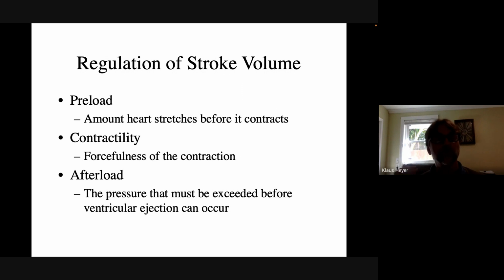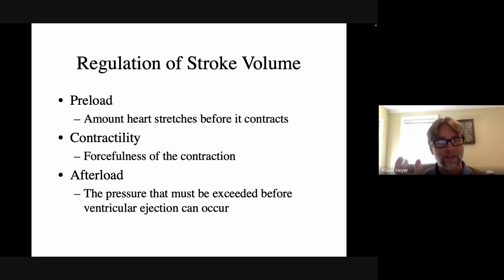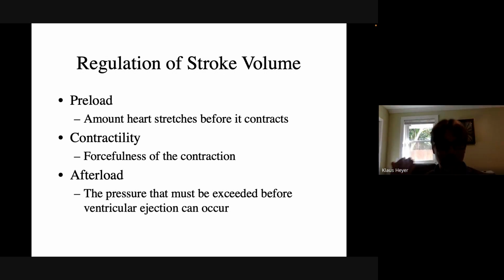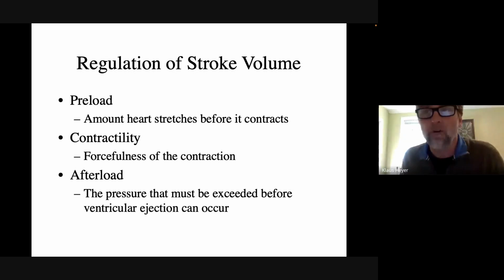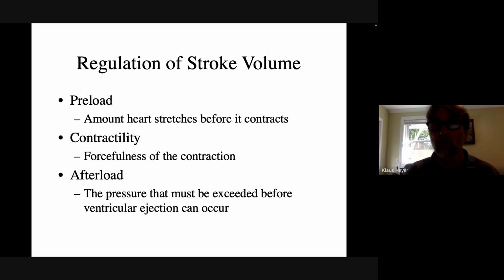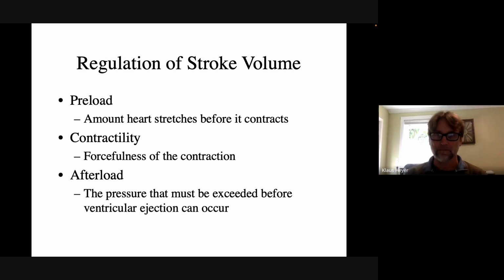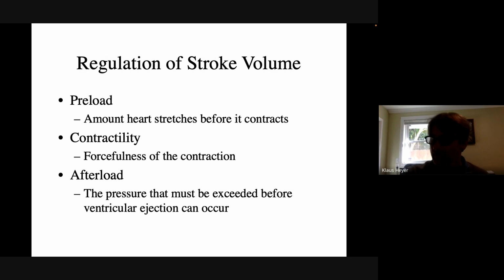So the more pressure you can get in the ventricle before the valves pop open, the more afterload you have, and the more stroke volume you're going to have. So that's what that means. Does that make sense? Does anyone have any questions about that one?